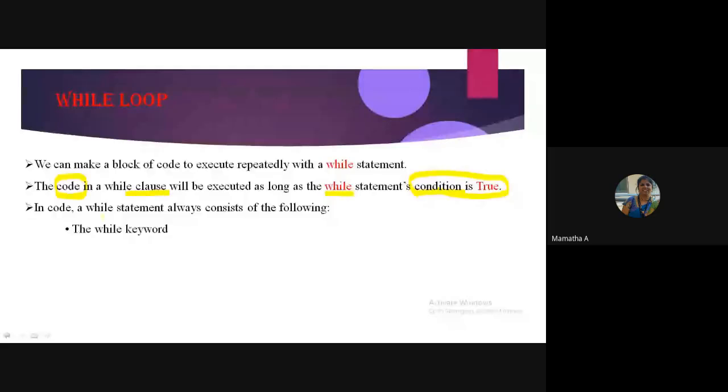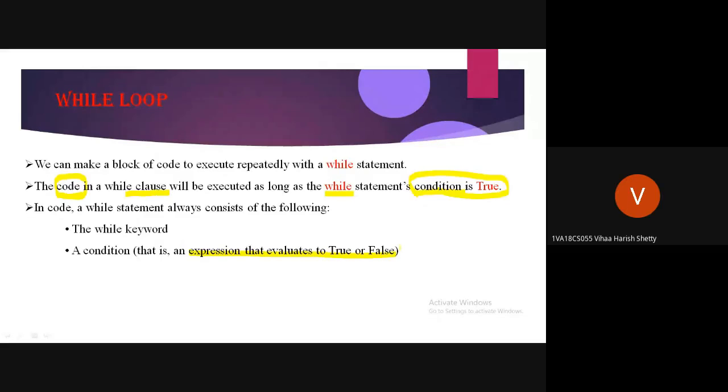Whenever we write our while statement, you have the while keyword. After the while keyword, what should you write? The condition. What is a condition? It's basically the expression that evaluates to true or false. After the condition, what should you write? The colon, very important.